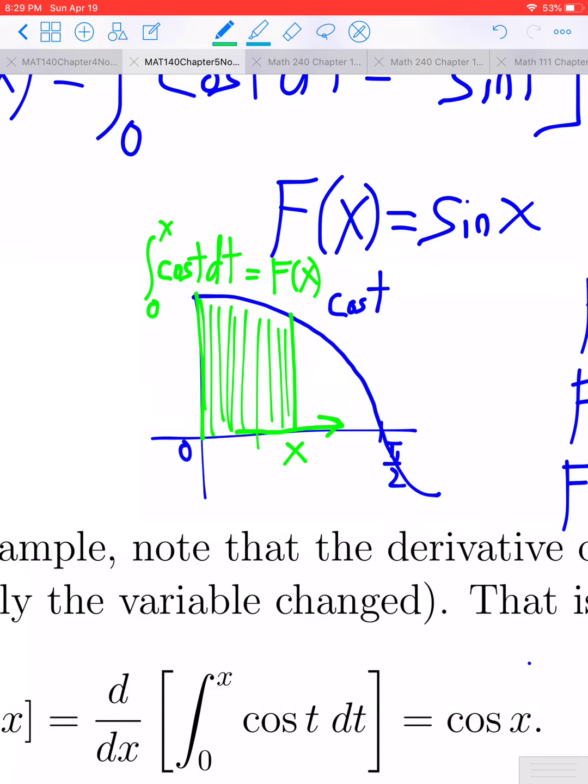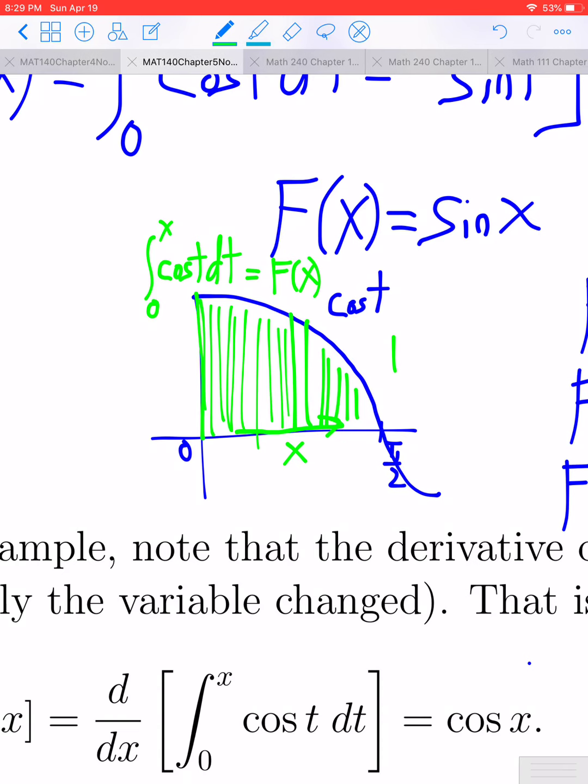And what you can see is that as our x value increases between 0 and pi over 2, we're adding on more and more area until we get to the area between 0 and pi over 2. That total area would be equal to 1.